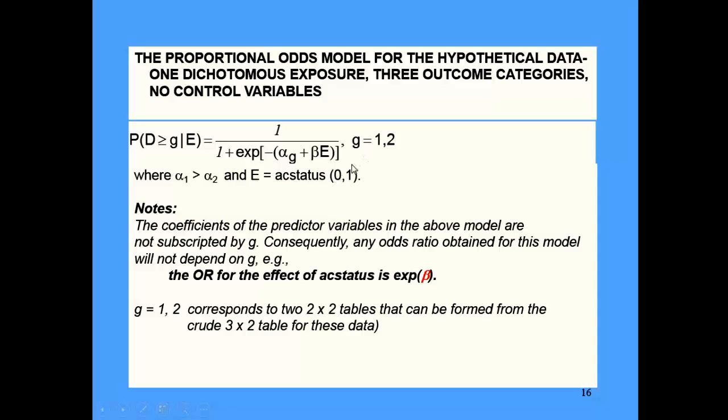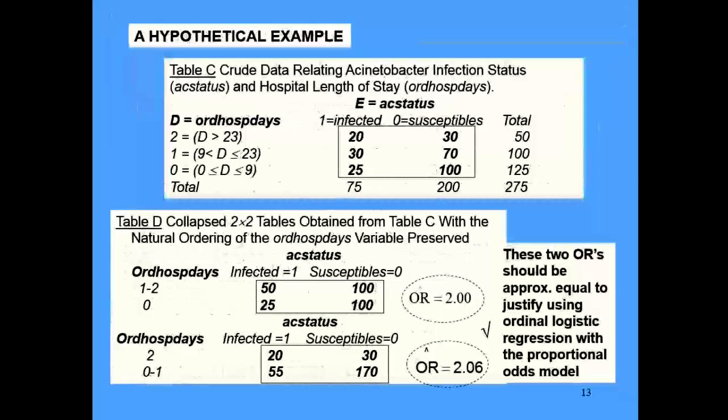In fact, in our example, there were 3 categories of the exposure, and they were coded as 0, 1, 2. Okay? That's the 3 categories.